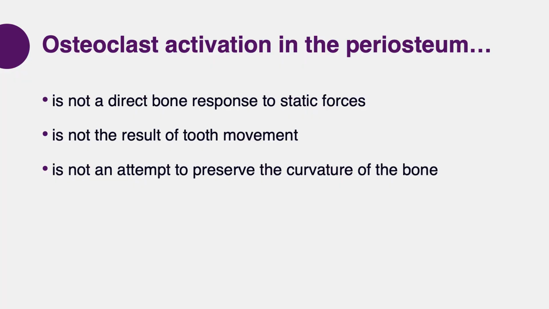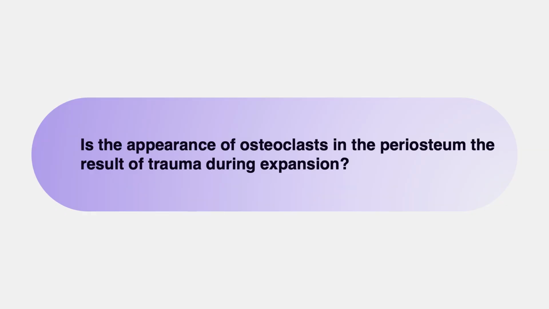The third question that comes to our mind: if the bone does not recognize static forces, if the tooth movement does not cause the appearance of these osteoclasts, and if the preservation of the curve of the bone cannot explain the appearance of these osteoclasts, what else can cause these osteoclasts to appear? Is it possible that the effect that we see in the periosteum is related to trauma?